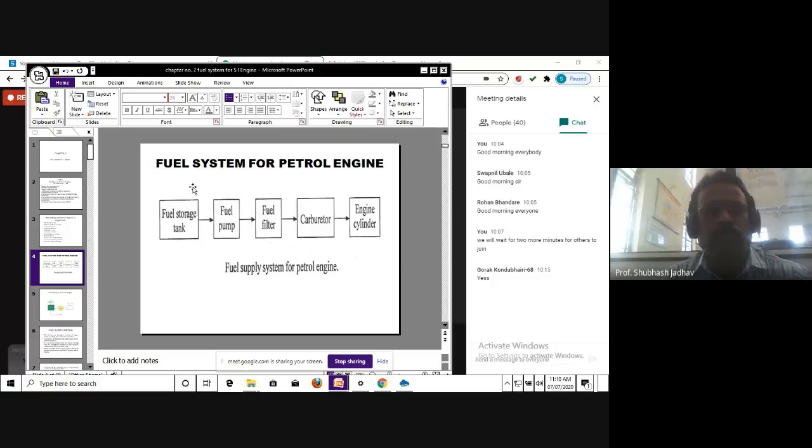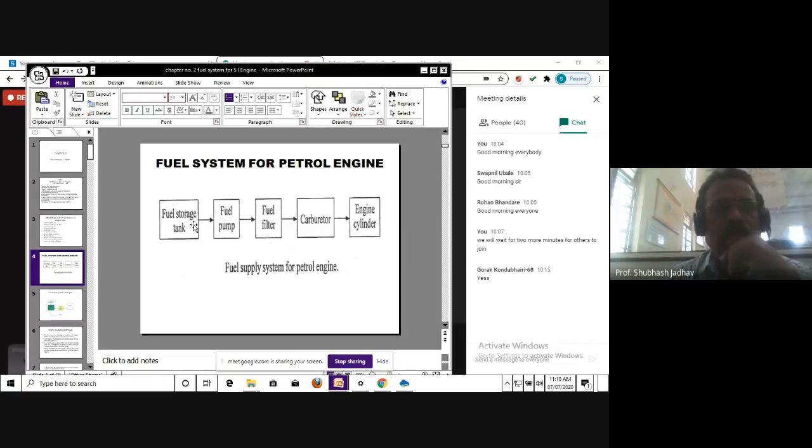So, keeping this in mind, we'll move ahead to this particular figure that has been shown. These are the important components of a fuel system for a petrol engine. We have here a fuel storage tank. We have a fuel pump. We have a fuel filter. We have a carburetor, and the fuel is going to the engine cylinder. So this particular block diagram shows the flow of the fuel in the system.